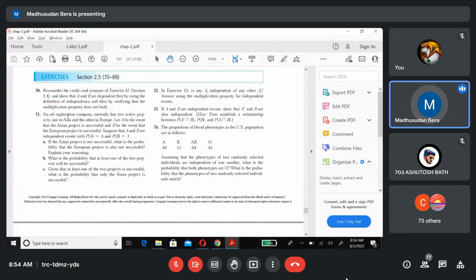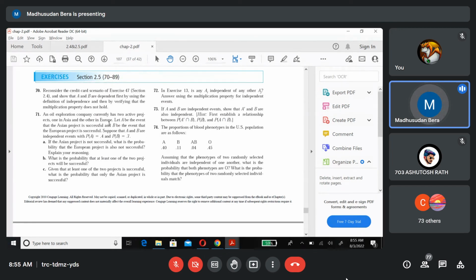An oil exploration company currently has 2 active projects, one in Asia and the other in Europe. Let A be the event that the Asian project is successful and B be the event that the European project is successful.